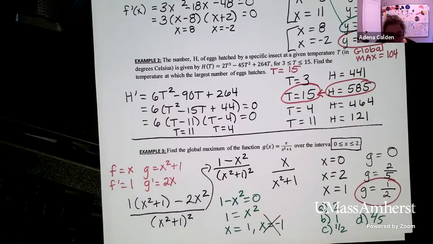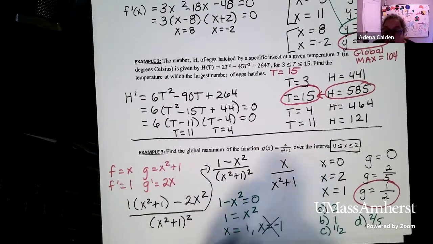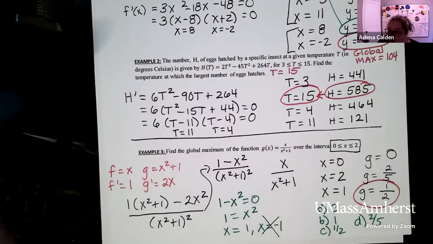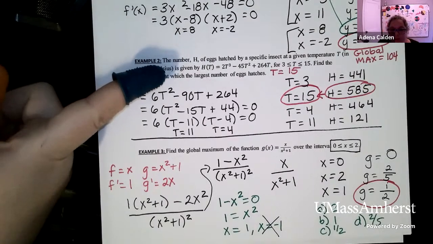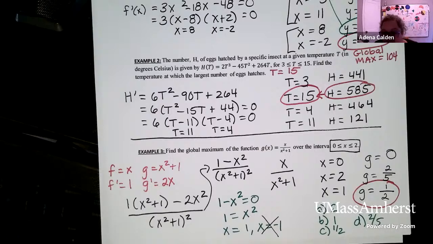And so 1/2 is the global maximum, but a lot of students will pick 1 because they're reporting the x value. And so it's really important that you understand the distinction that the global maximum and minimum of a function is the y value. Okay, there are times when we ask for the independent value and it's worded like this, but you really have to read the question carefully and make sure you're reporting the right information.